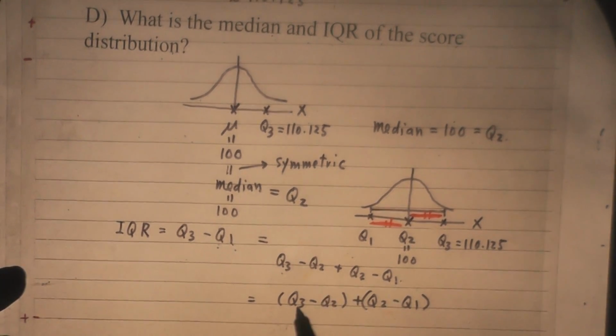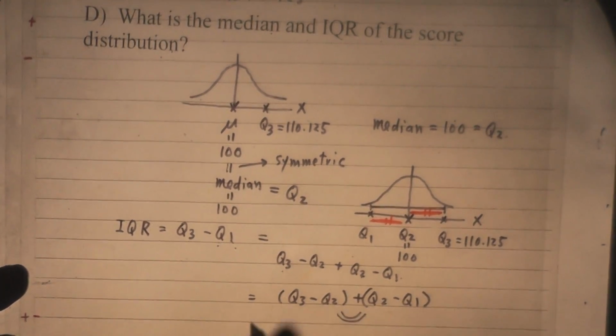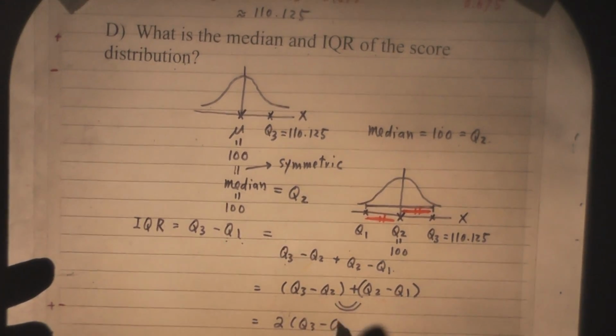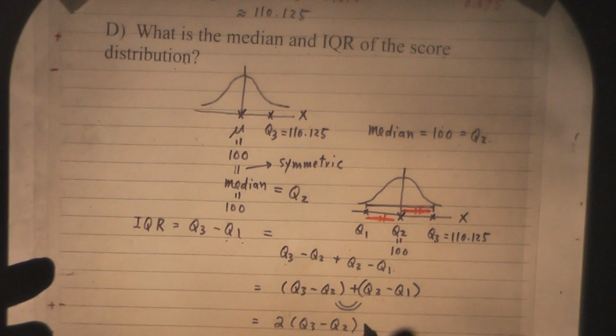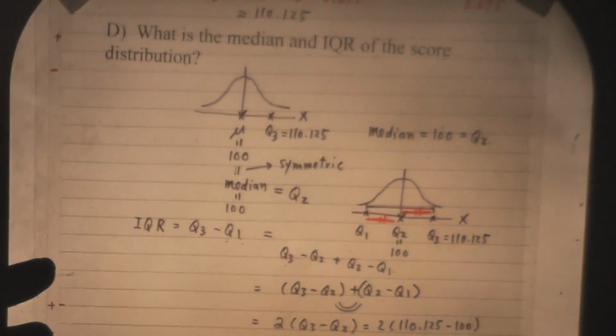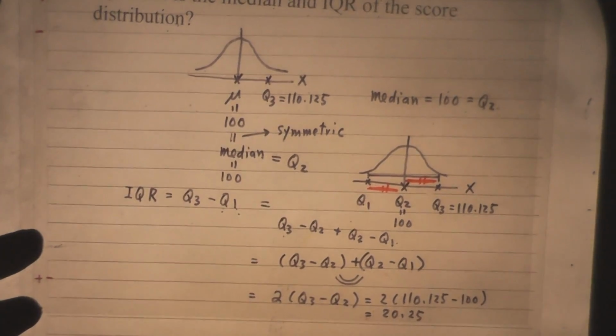All I need to do is write 2 times Q3 minus Q2. I know Q3 is 110.125 and Q2 is 100. So the resulting answer is 20.25. That is the IQR.